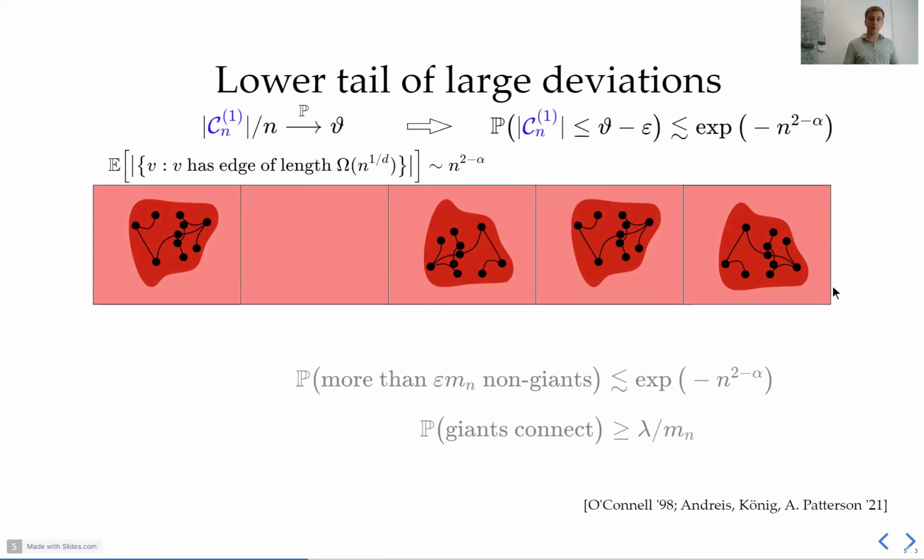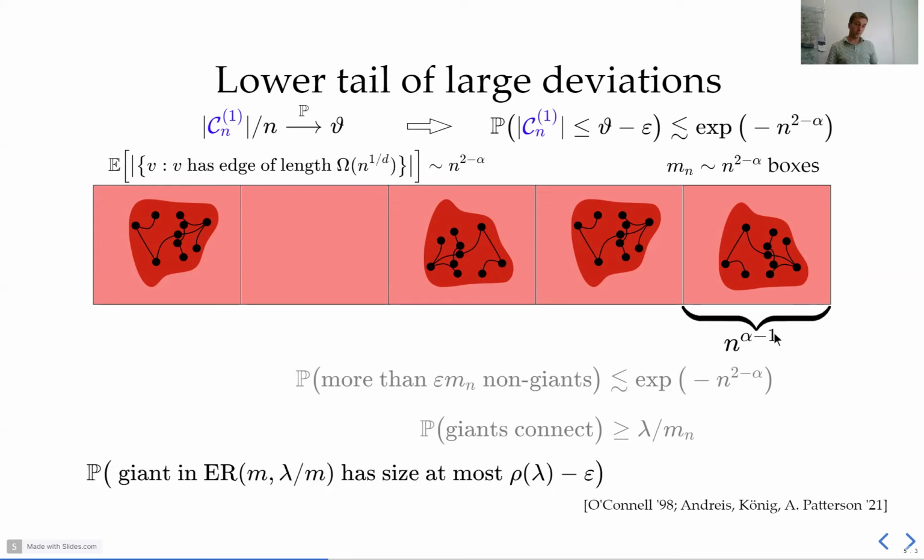So this is a summary. So now we can use the large deviation principle for the size of the largest connected component in Erdős-Rényi random graphs. So that gives this result here. So the probability that the giant in Erdős-Rényi random graphs has size smaller than rho lambda times m, sorry, minus epsilon m, decays exponentially in the number of vertices that we have.